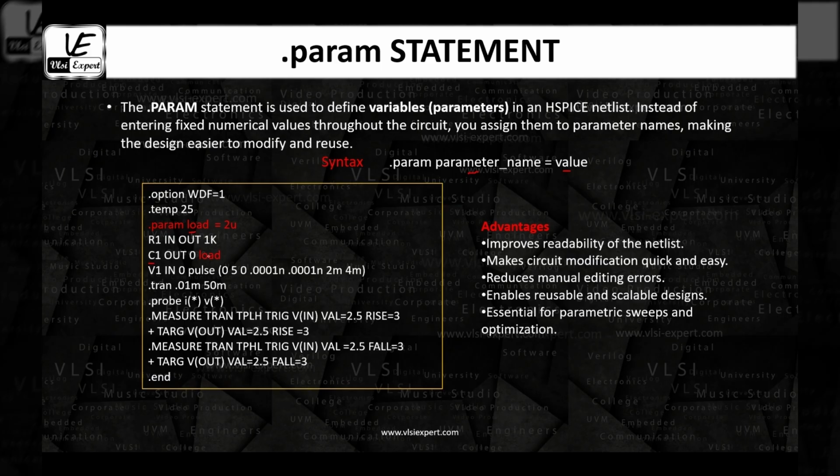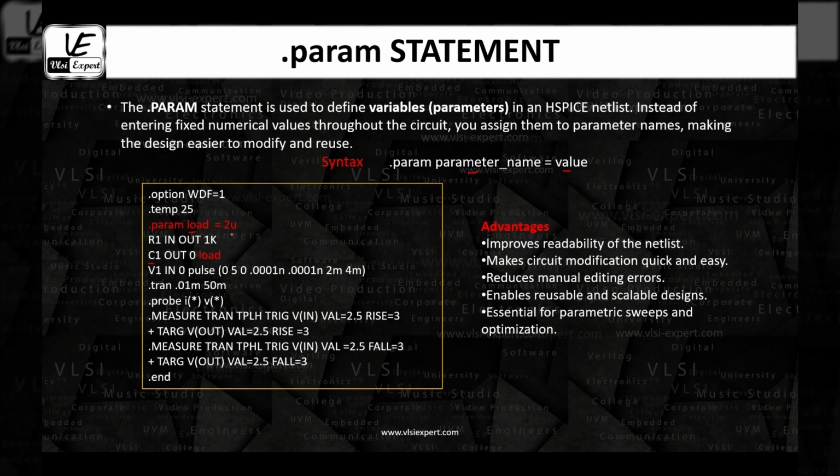Having understood the syntax and how HSpice parses it, let's see what it has to say about the advantages of the .param statement. It says it improves the readability of the netlist. Readability means that from this statement alone you understand that I am applying a load whose value is 2 micron.